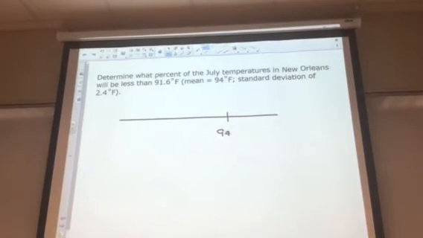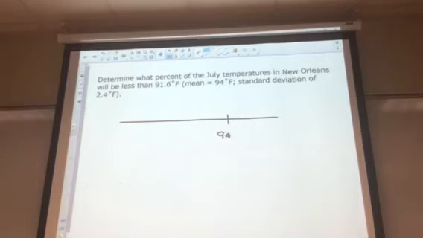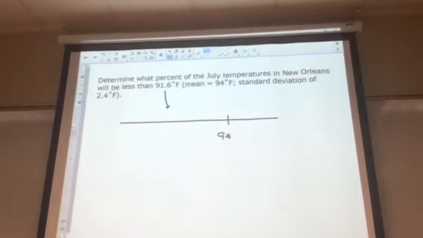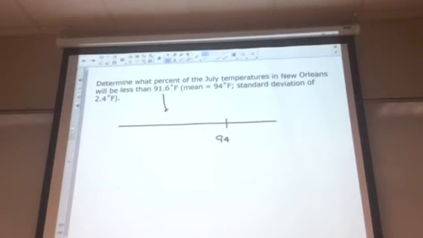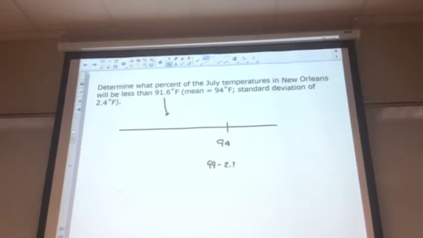Where's 91.6? It's back here somewhere, isn't it? Do I know exactly where? Can I start figuring out? Since I know that standard deviation is 2.4, if I took 94 and I subtracted 2.4, lo and behold, that gives me a 91.6.